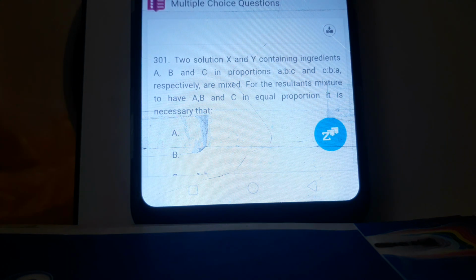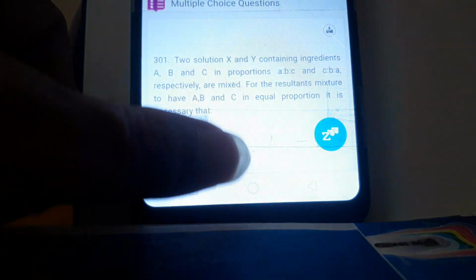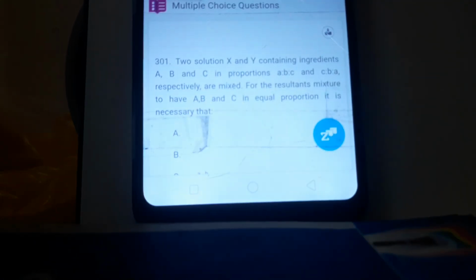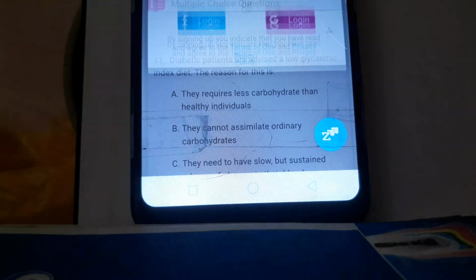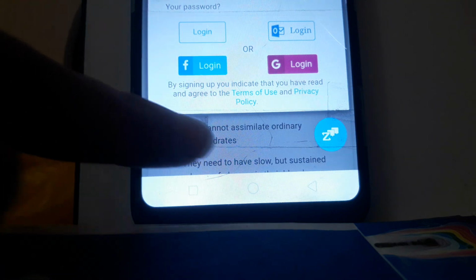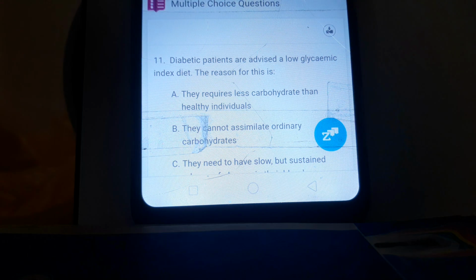Next question. Diabetic patients are advised a low glycemic index diet.